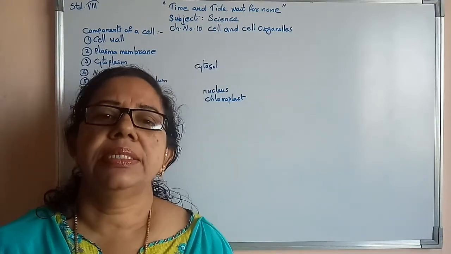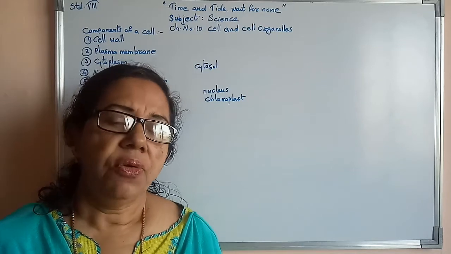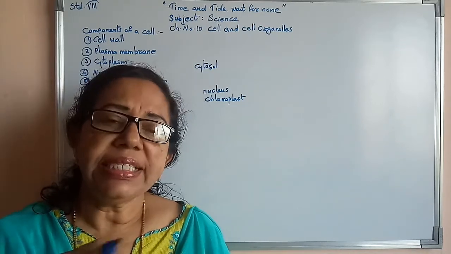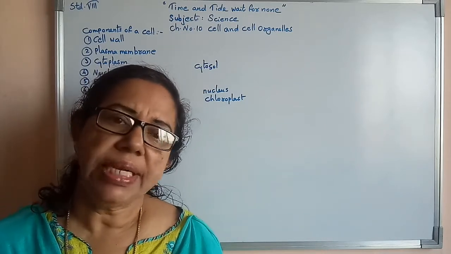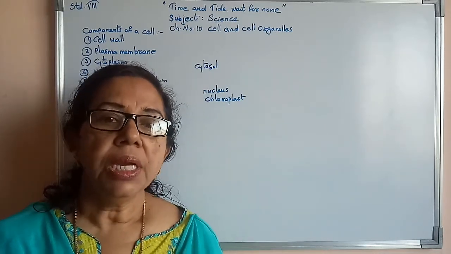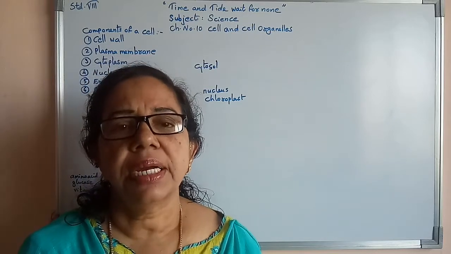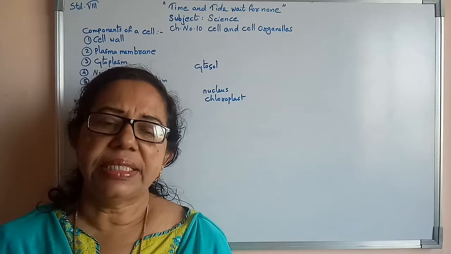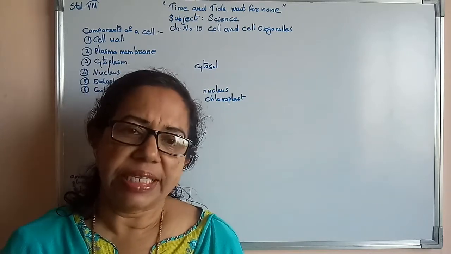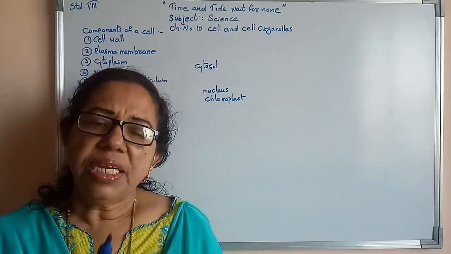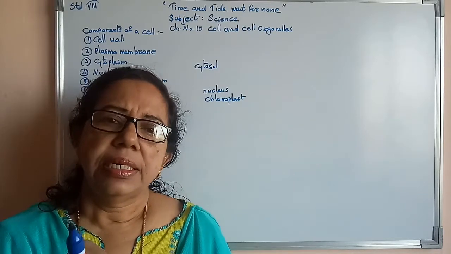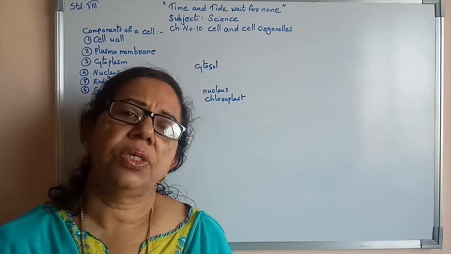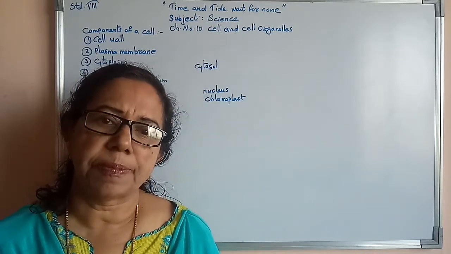Golgi complex. Golgi complex consists of flat sacs. Each sac is parallel to each other. The protein which is coming from endoplasmic reticulum enters in the vesicles, and vesicles move through the cytoplasm and reach the Golgi complex.